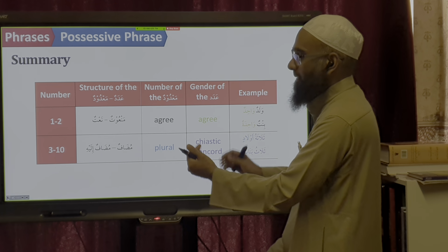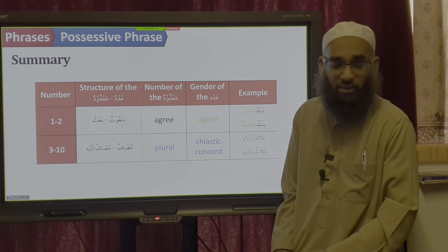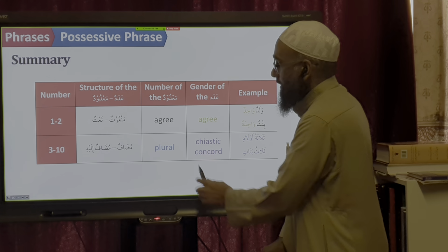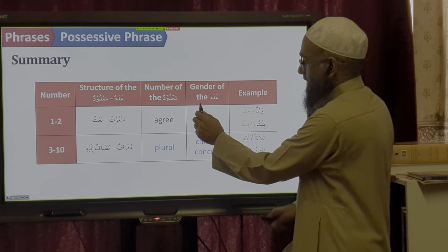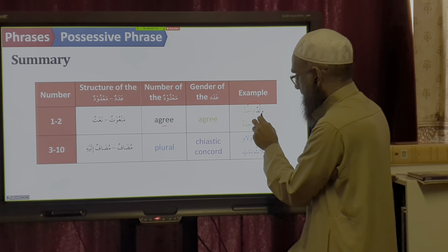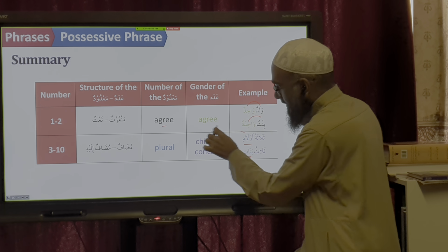So, a summary of what we've done so far. You have to look at a few aspects. What's the structure? 1 and 2 is man'oot and na't, and 3 to 10 is going to be mudaf and mudaf ilayhi. In terms of number, for 1 and 2, the ma'dood agrees: singular, singular. And in 3 to 10, the ma'dood is always going to be plural.